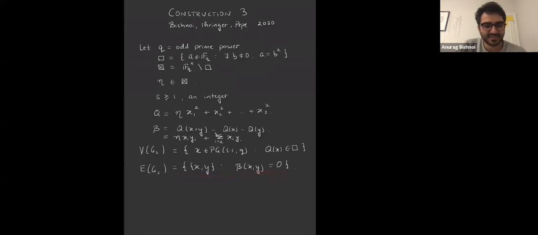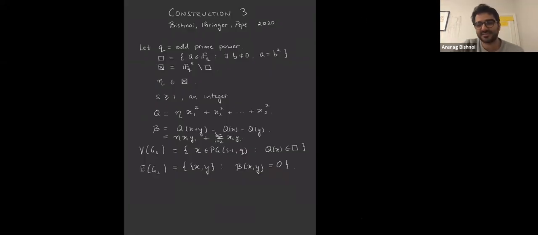Cool. So is the definition clear? What the graph is? Is that clear, before we actually jump into proving any properties of this graph? If you have any question, just unmute yourself and ask. Yeah, so just to be clear, for the vertices, you do not only require Q(x) to be a square, but also to be non-zero, right?